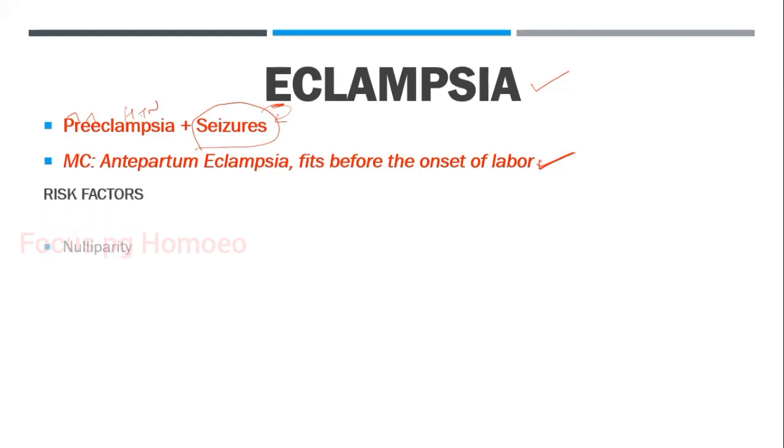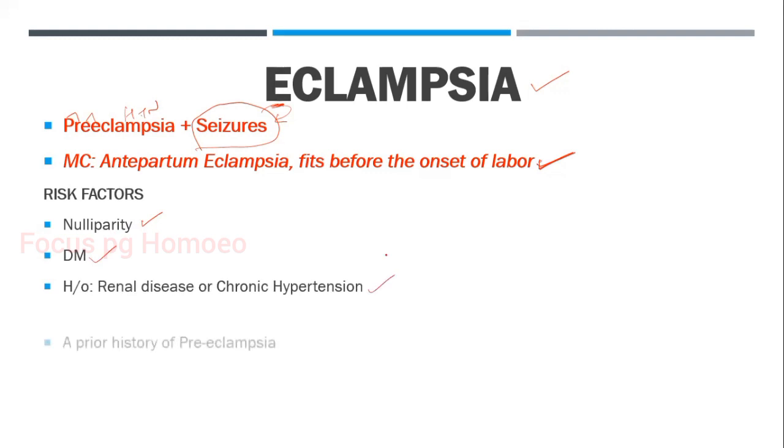The risk factors for eclampsia are nulliparity, not having given birth even once, and DM, that is diabetes mellitus, history of renal disease or chronic hypertension in a woman who has become pregnant now, a prior history of preeclampsia. Already the woman is diagnosed with preeclampsia, the risk is eclampsia, and extremes of maternal age.